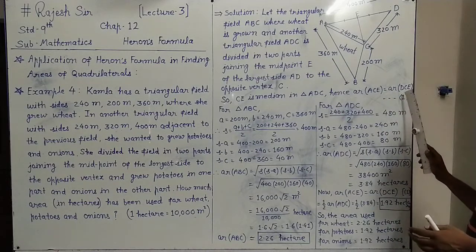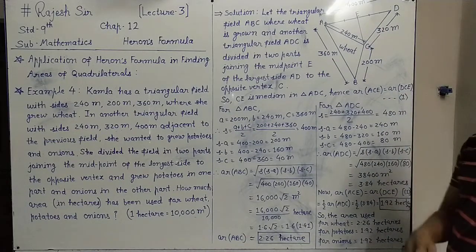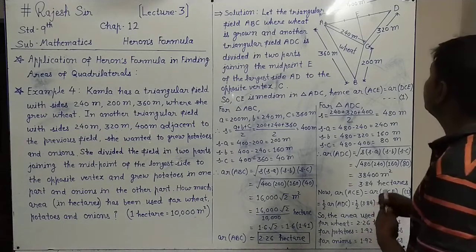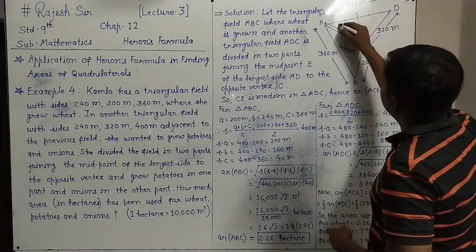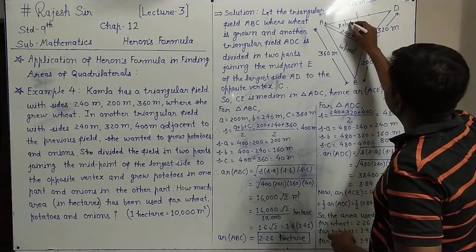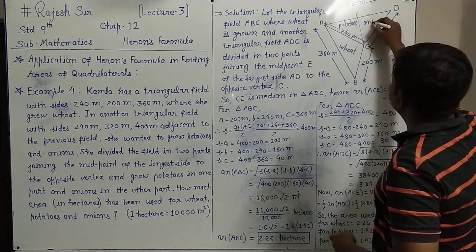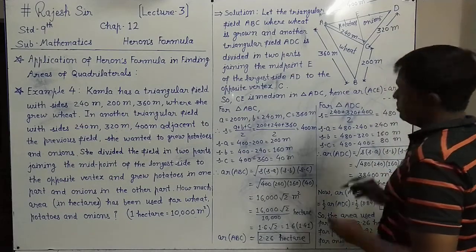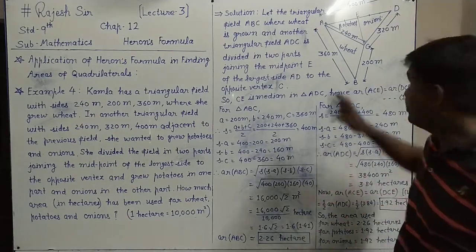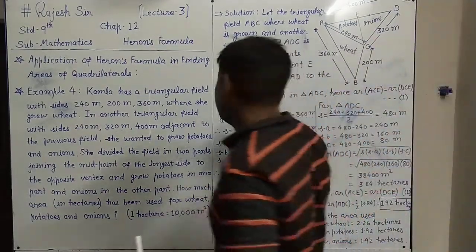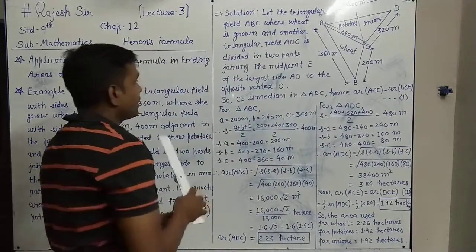It is called result 1. So potato and onion are grown in equal areas. Potatoes are grown here, say, and onions on this part. Both areas are the same, so we can show potato and onion vice versa.